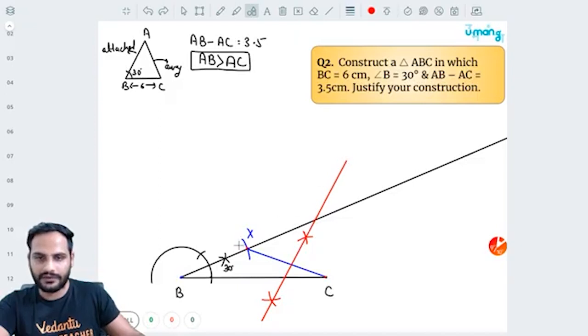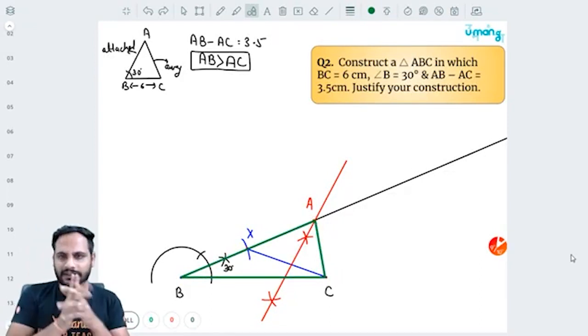So it is perpendicular to XC. Wherever this perpendicular bisector intersects the original line at 30 degree, that will be your third vertex A. So now you can say, my triangle is triangle ABC. This will be your required triangle.